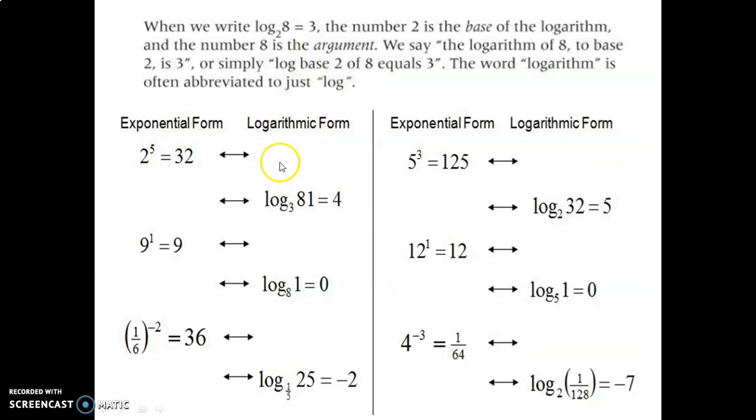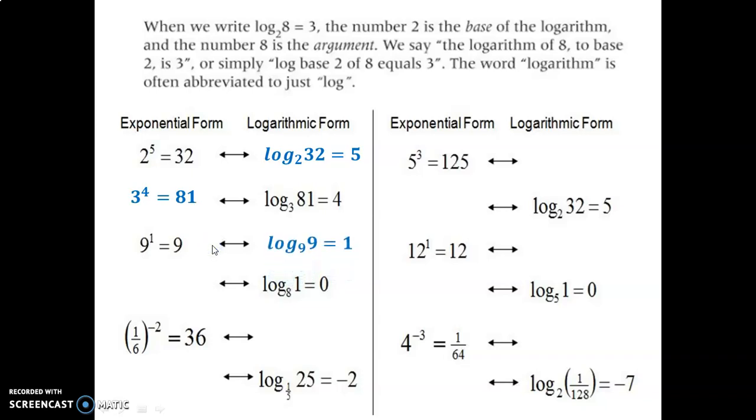We have exponential form. What's the log form here? Well, that one is log base 2, again that base, of 32 equals the exponent, equals 5. How about this one? Go back the other way, from log form to exponential form. We have 3 to the 4th power, this is the exponent, 3 to the 4th power equals 81. Try this one.